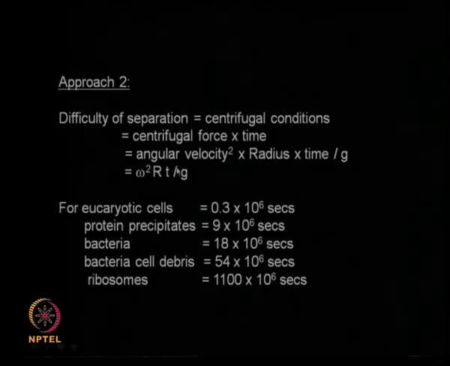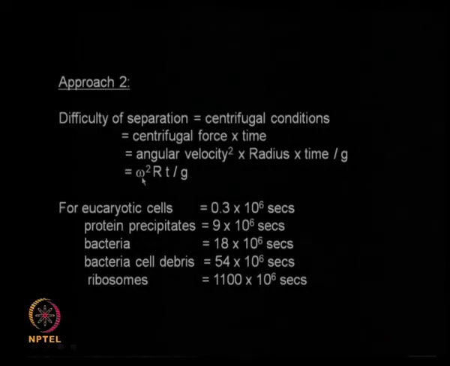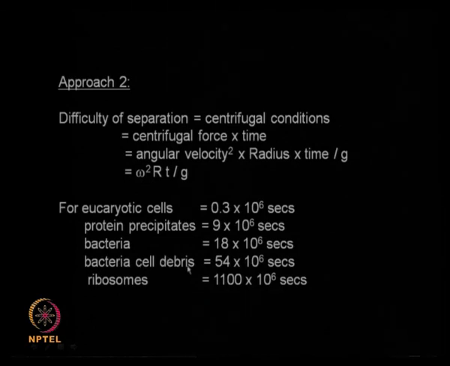Whether I do it in a small scale or in large scale, I maintain omega square r t by g constant for the particular system, understand. So, in a large scale I will keep omega square r t by g as 54 into 10 power 6 if I am removing cell debris, or if I am doing the same removal of cell debris in my lab, I will still keep omega square r t by g as 54 into 10 power 6 seconds.